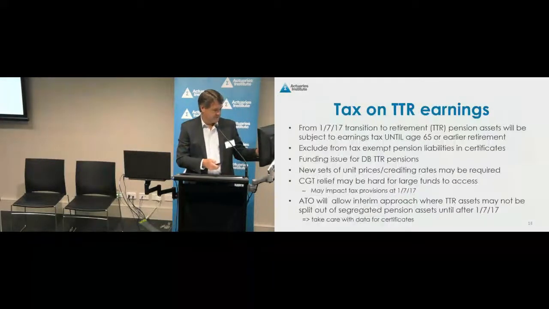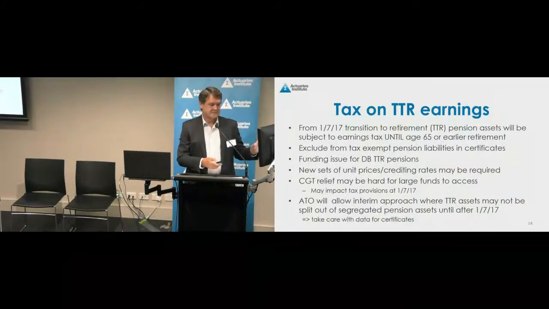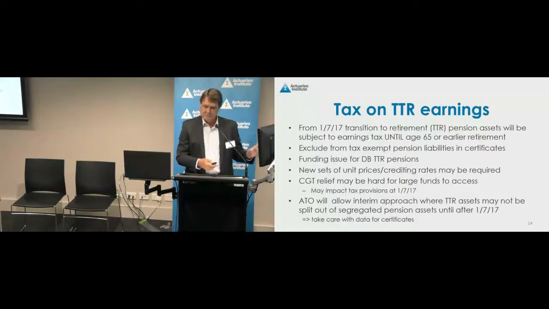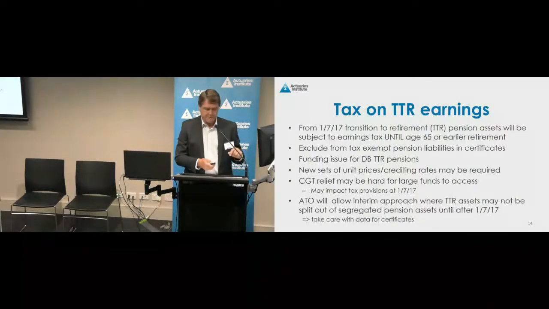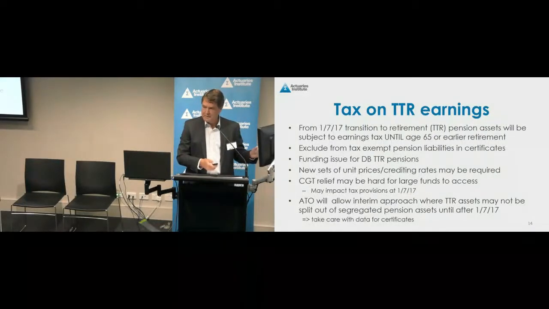And as we mentioned, I'll cover this on the next slide too, you're very much probably aware that the tax on investment income for transition to retirement pensions, the tax exemption will be removed for those people who are not actually yet in the retirement phase. I'm not aware of any DB TTR pensions, but obviously there would be an issue there because you would be paying more tax on your investment income, so how would you fund that?